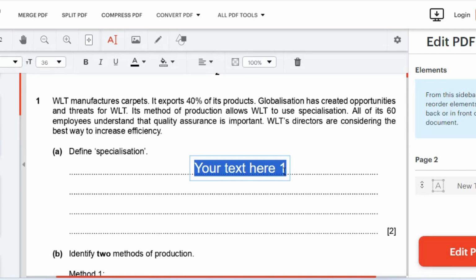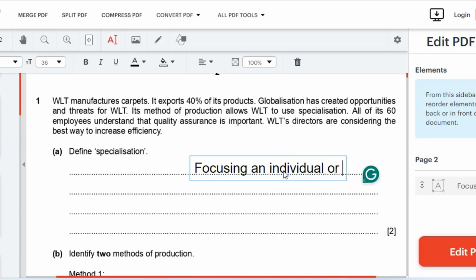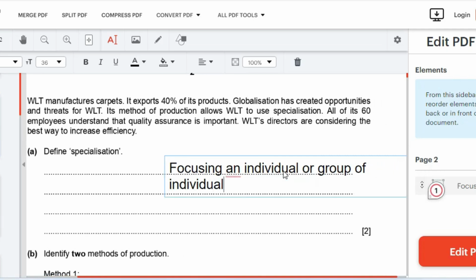Let us try to put the text here, or you can also define it as focusing an individual or group of individuals on particular skills.